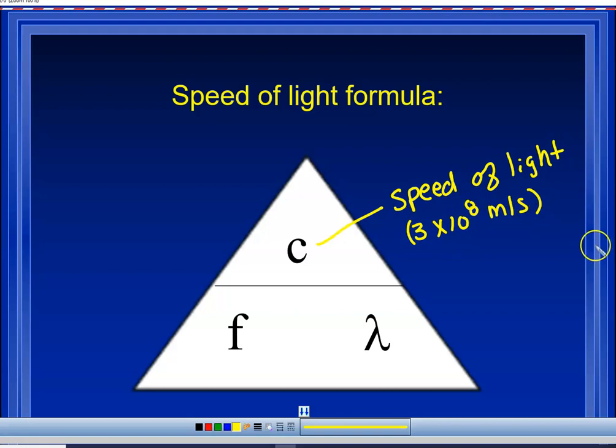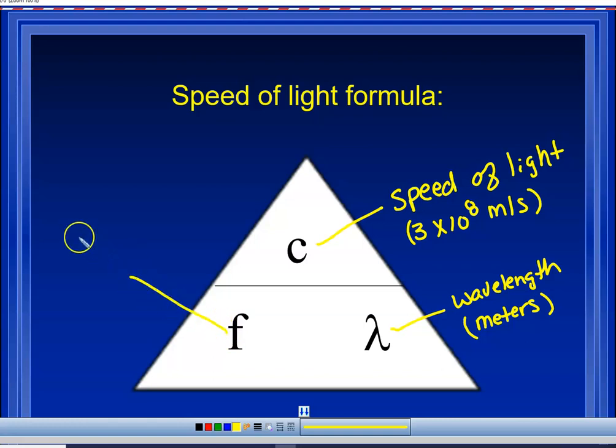That is the speed of light. It's a constant. Memorize it. Okay? There's that weird looking lambda guy, and that is wavelength. Wavelength has to be measured in the units of meters. And the reason it must be in meters is because this is meters per second. That's why. And f is frequency.